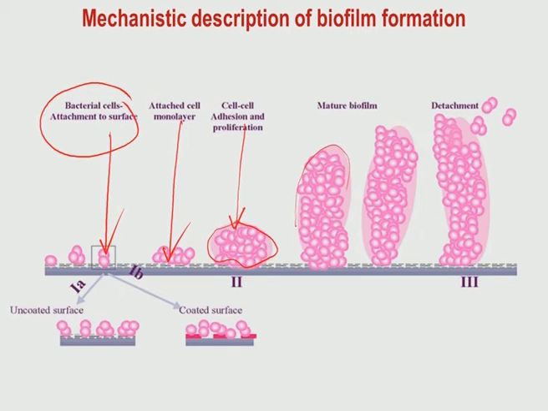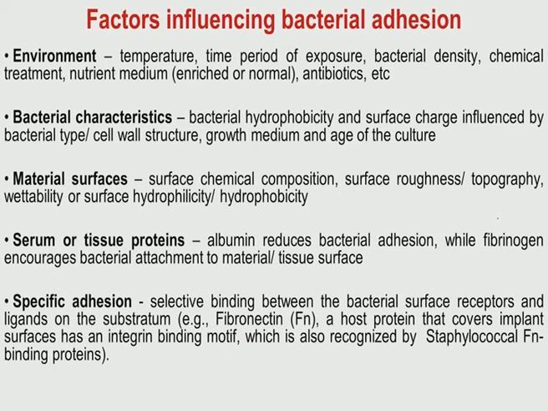Then this colony grows in size to a critical number, and when it exceeds the critical number, it detaches, and that is how it leads to a more mature biofilm formation. Now, having said this, let me mention some of the important factors which influence bacterial adhesion.